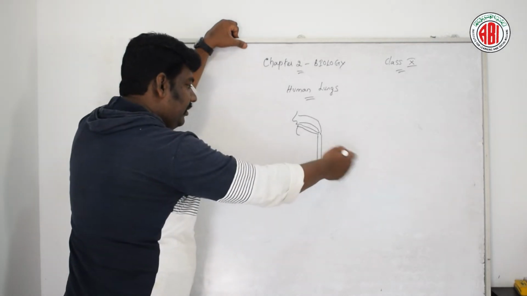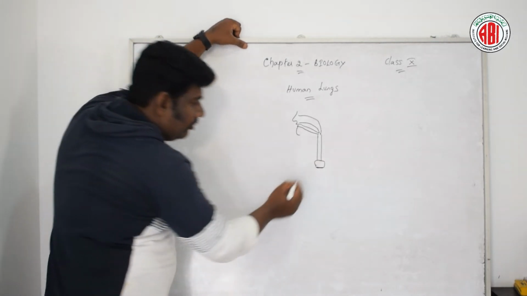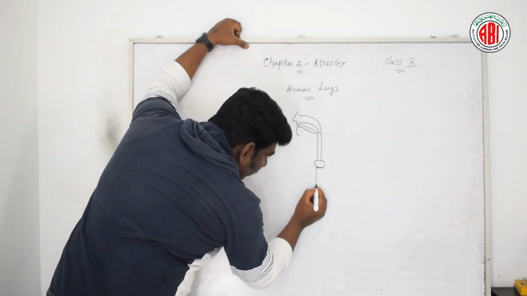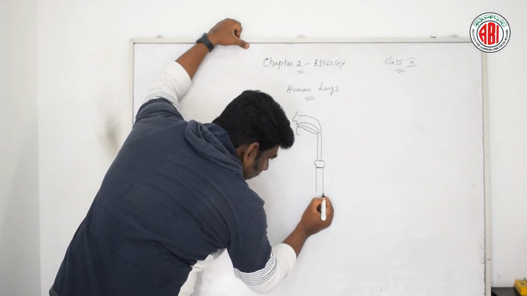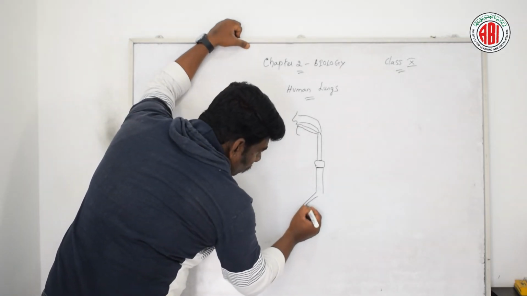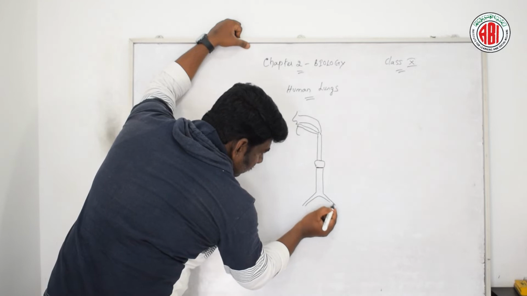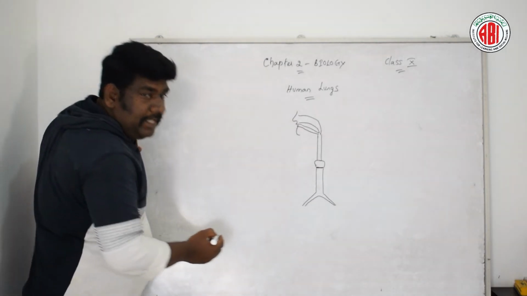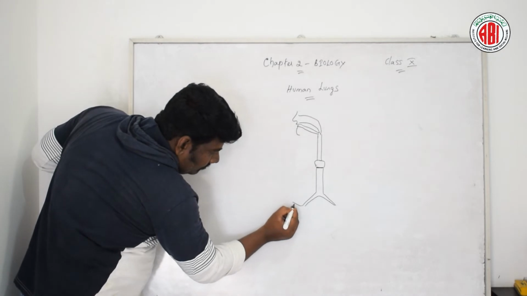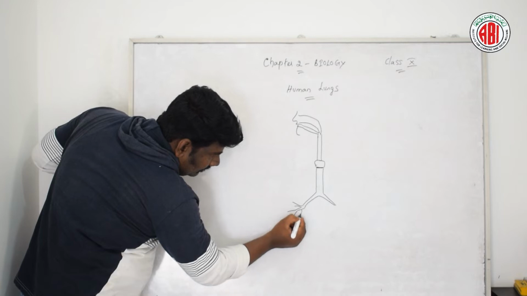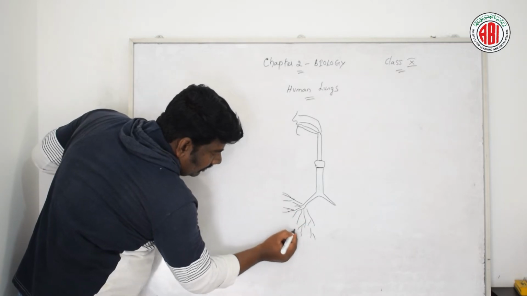We will discuss all the structures later. After this structure, it moves further downwards as an elongated tube, which divides into two branches, and these branches are further divided into many more small branches.